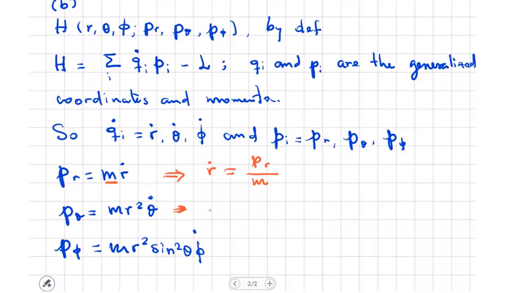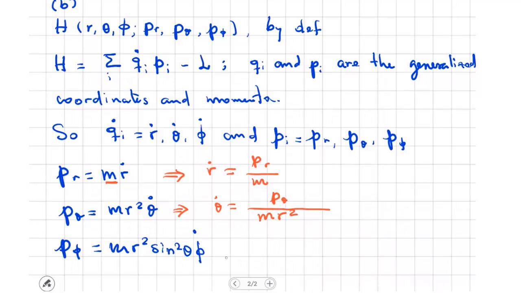Theta dot is equal to p_theta divided by m r squared. We cleared theta dot: the terms that were multiplying theta dot, we send to the other side of the equation, and because they were originally multiplying, they go to divide on the other side.